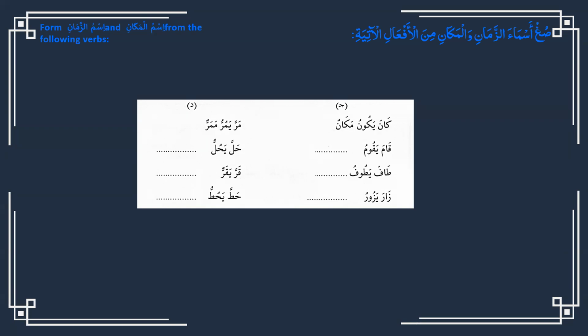Zara yazuru. Zara is visited, yazuru, he visits. So it will be mazar, a place of visitation. Like, it's a bid'ah, but a lot of people create those mazars for big saints.